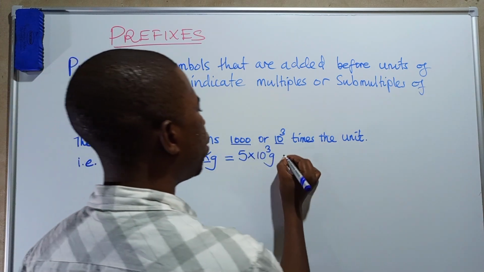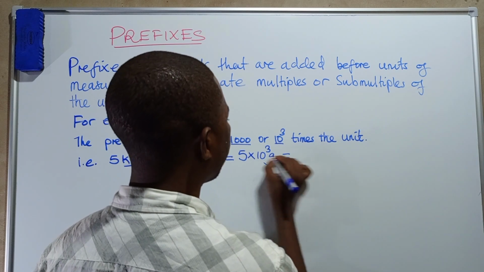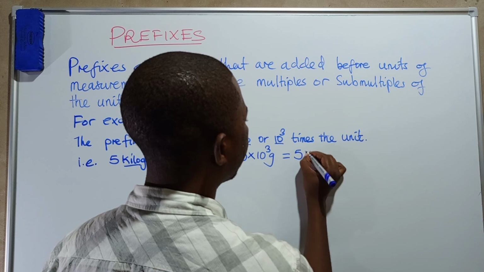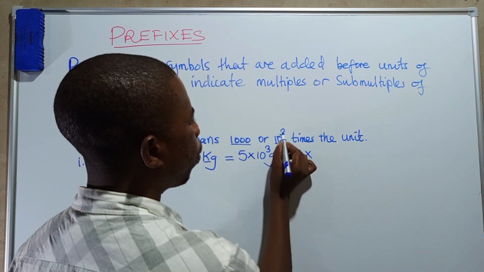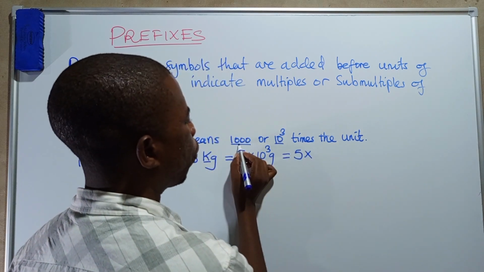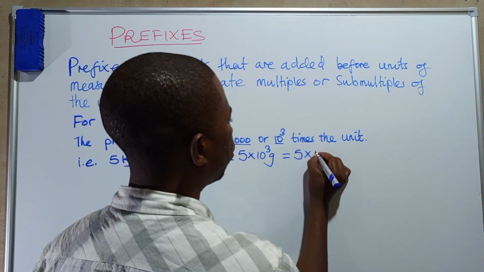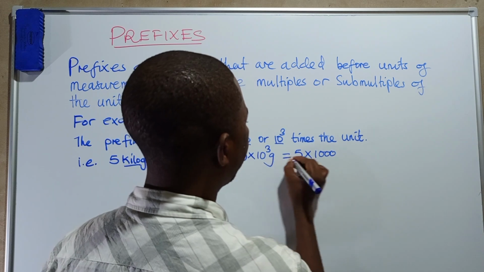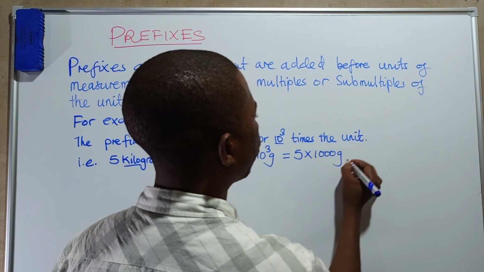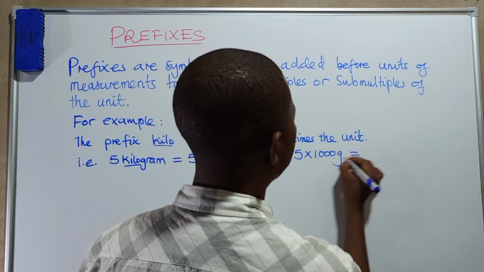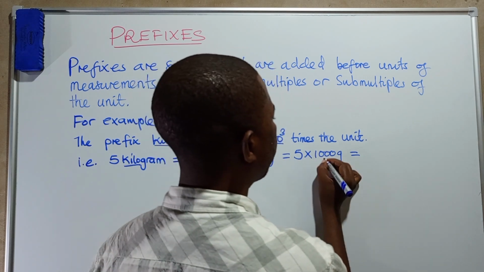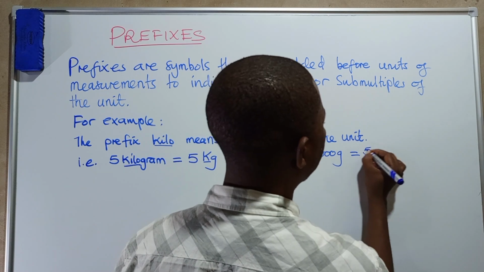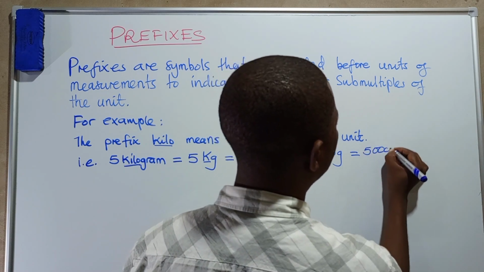It also means 5 times 1000 grams, because 10 to the power 3 means 1000. And 5 times 1000 gives us 5000.